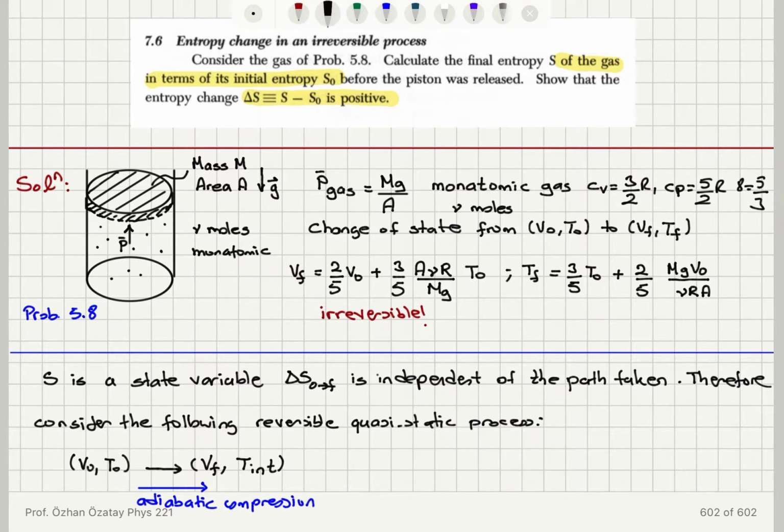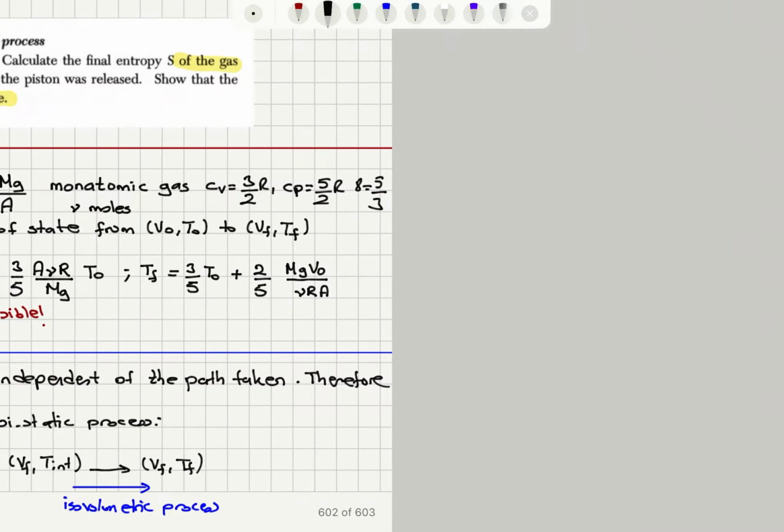Then I'm going to follow this with V final, T intermediate to V final, T final using isovolumetric process. And these are all done quasi-statically, so I can easily calculate the entropy change.